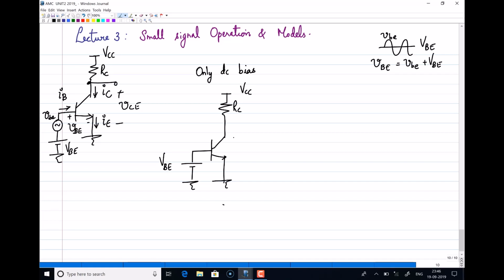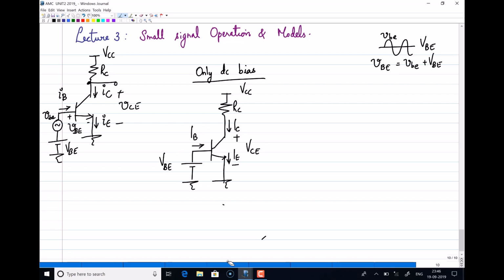This voltage VCE is only DC, and the currents are only DC currents, since I'm considering only DC bias. At this terminal you have IE and this is the IC current.